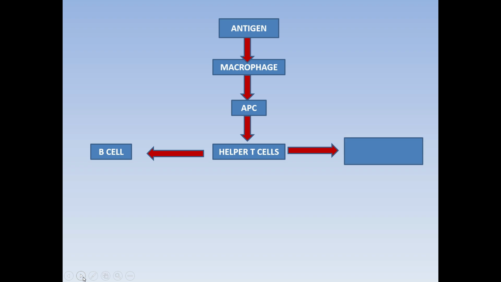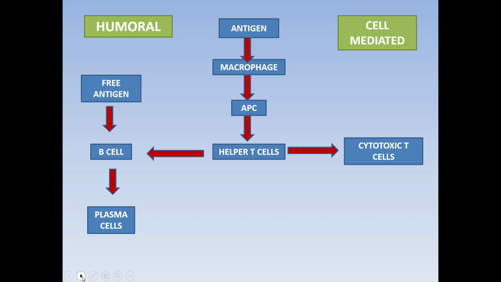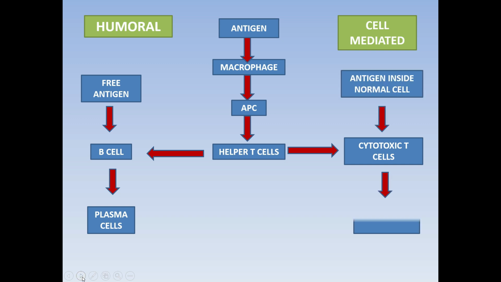Antigens may enter our body in different modes, like bacteria, virus, and so on. Either it may be a part of the pathogen or the whole pathogen. If it is a part of a pathogen, it may be a cell membrane or a part of the flagella.